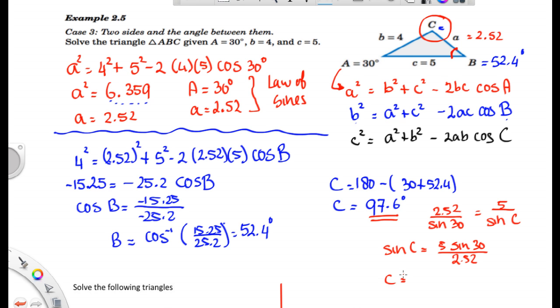Let me put that in my calculator: the inverse sine of 5 times the sine of 30 divided by 2.52. When I put that in my calculator, and you should check this, I get c equals 82.8 degrees. Notice that that is the supplement of 97.6, because together they need to add up to 180. So you have to be really careful when you do this.